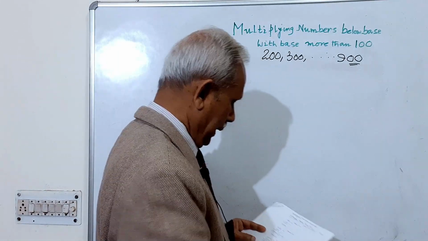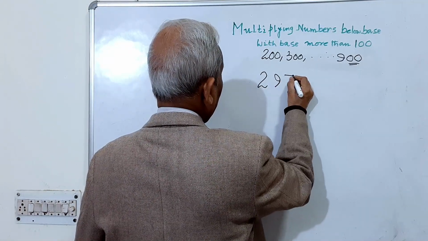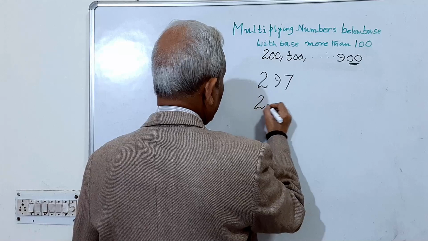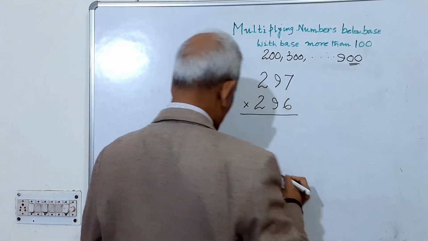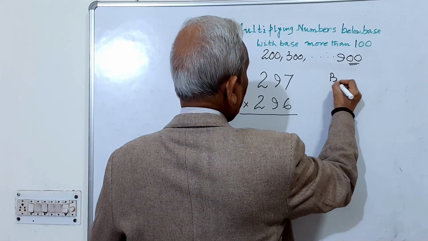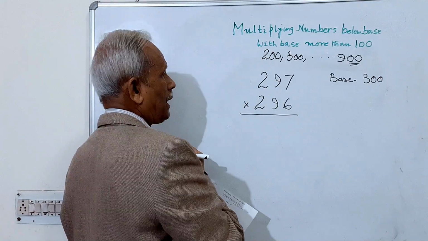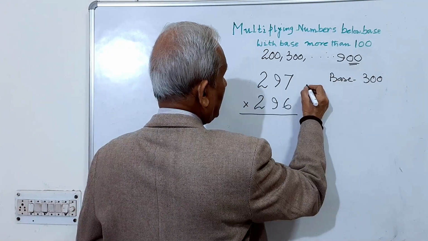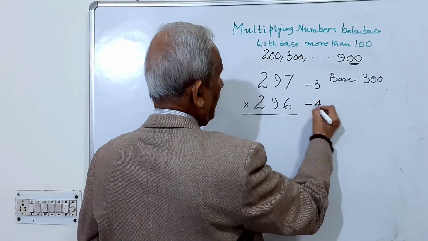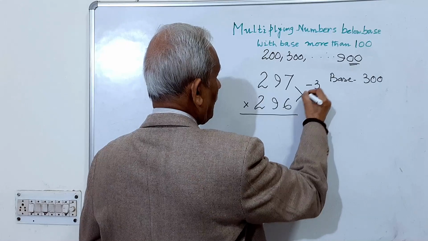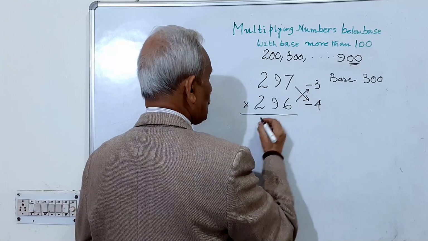Let's take the next example, 297 with 296. Multiply these two. Here you can see the base is 300. So 297 minus 300 is minus 3. 296 minus 300 is minus 4. Cross subtraction: 297 minus 4 is 293 and 296 minus 3 is also 293.